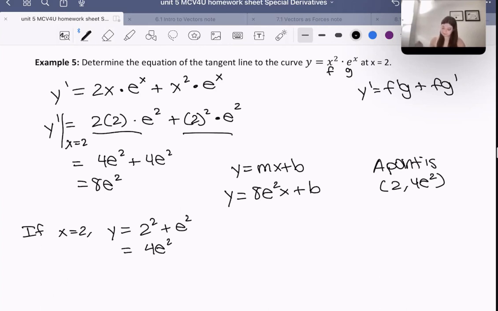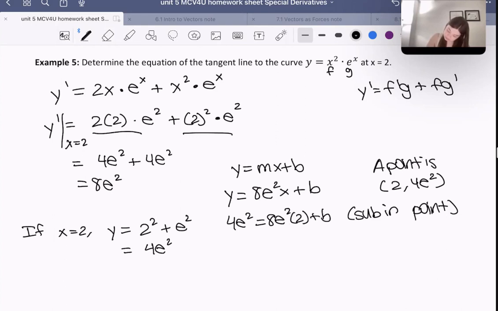Okay, so now I'm going to sub in my point for our next step. So 4e squared equals 8e squared times 2 plus b. So 4e squared equals 16e squared plus b. Therefore b is negative 12e squared.